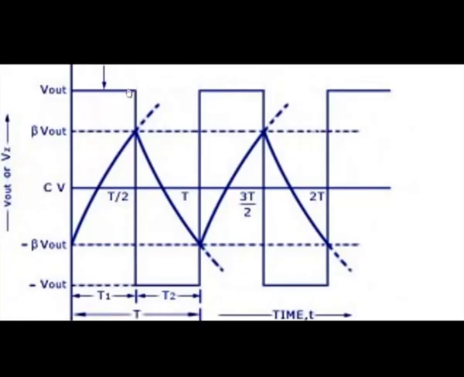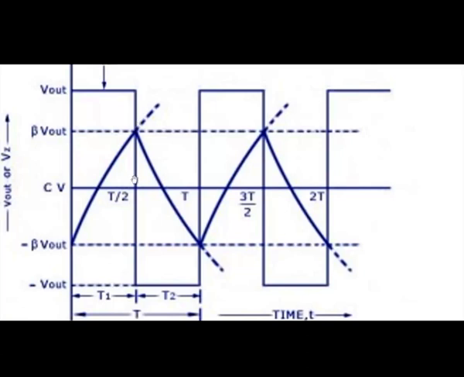If the output is positive V saturation, the capacitor starts charging towards positive V saturation, and once it attains beta V saturation, the output transitions to minus V saturation.